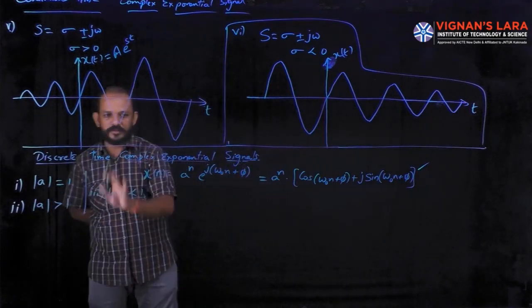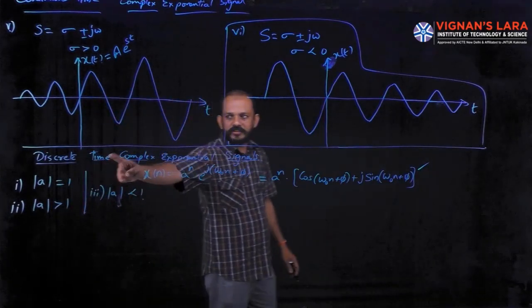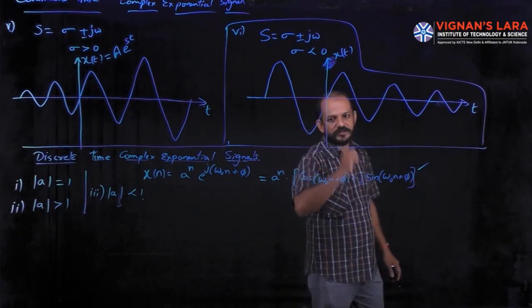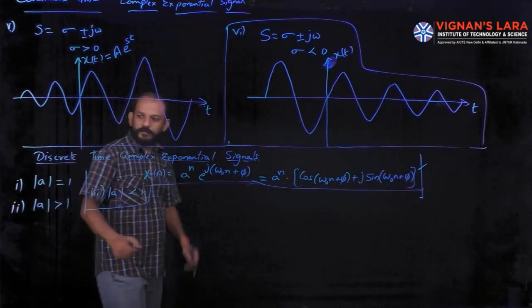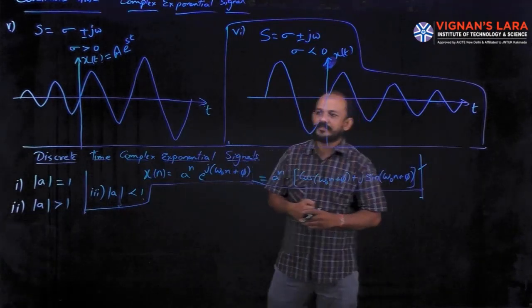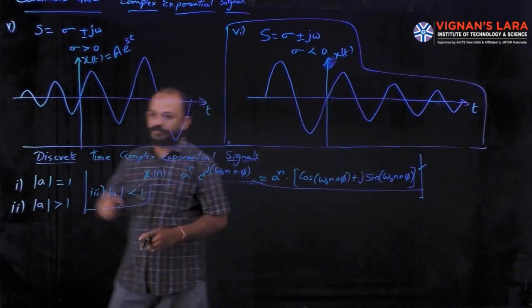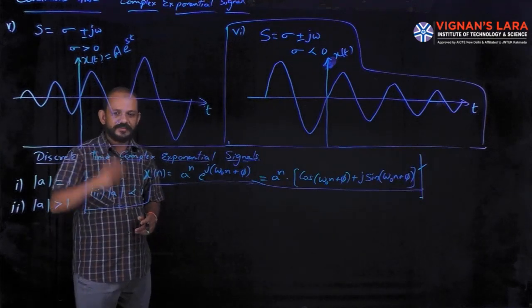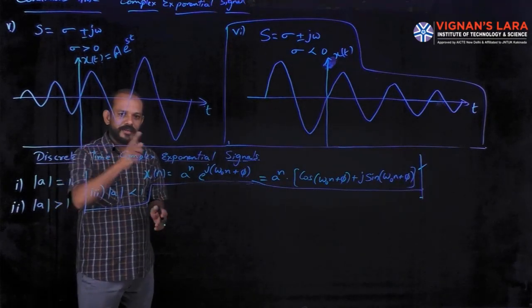For discrete time complex exponential signals. Now we will see the first case, which is mod a equal to 1.